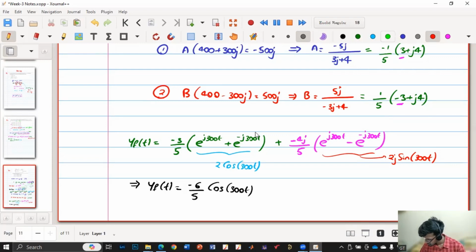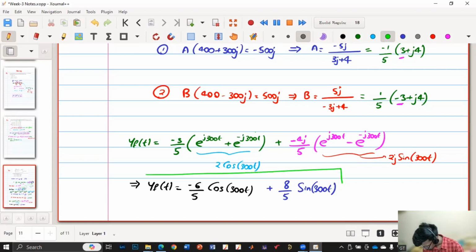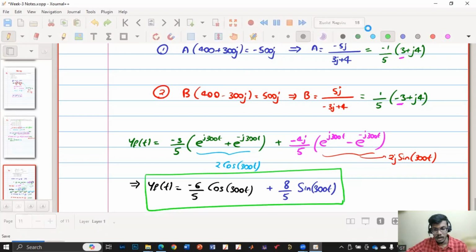So we will get plus 8 by 5 into sin 300t. Okay, so this is my yf of t. So yf of t is obtained. I'll again write the overall solution.